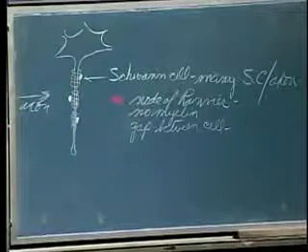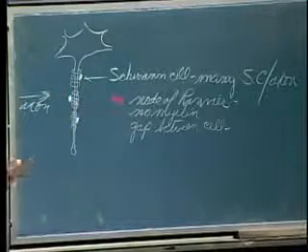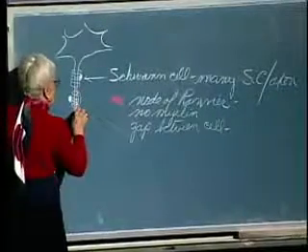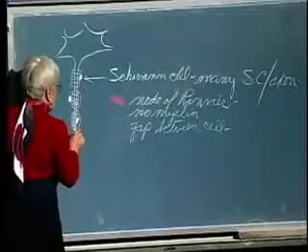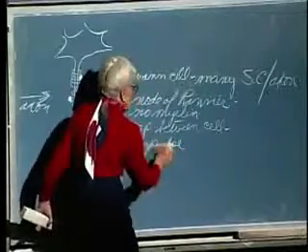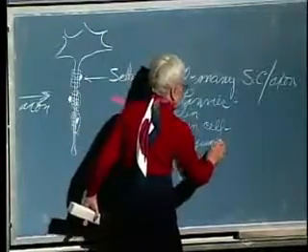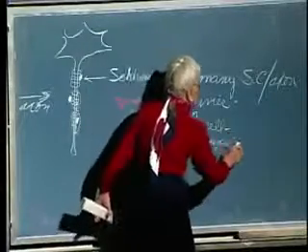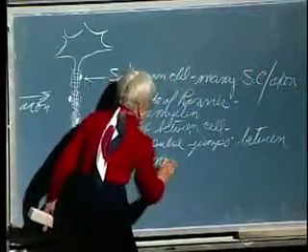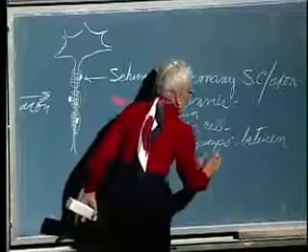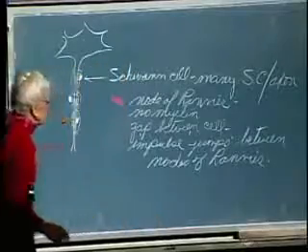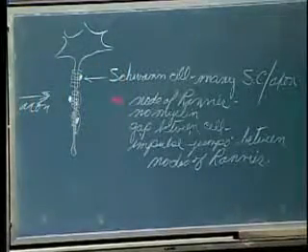And it's important with the conduction of the impulse because the impulse will go between nodes of Ranvier. They call it jumps between nodes of Ranvier. So we've already said the more myelin, the more rapid the impulse.